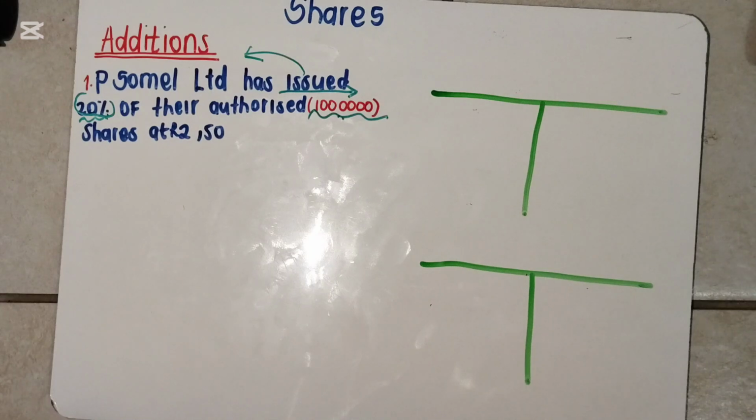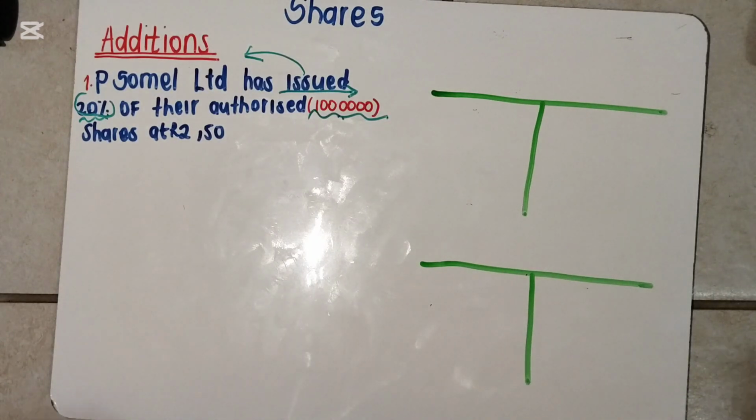Actually, let me just show in my notebook, and hopefully I have a definition there. Unfortunately, it's not there, but authorized shares, there it is. So I did write it here.